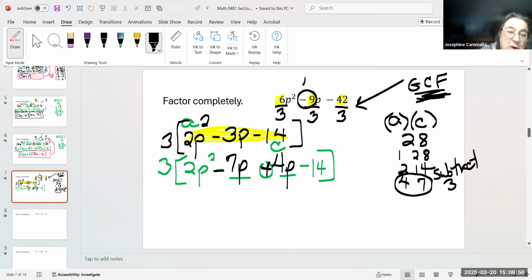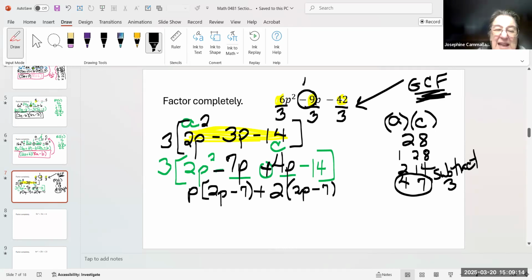Now, working inside, I'm going to take out a p. This gives me 2p minus 7 plus 2p minus 7. Do you see that these are the same?